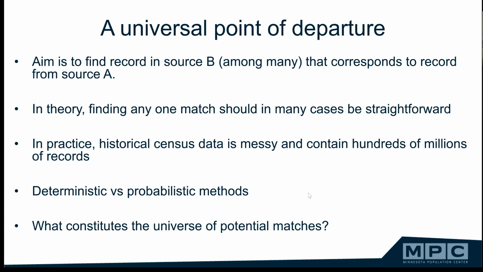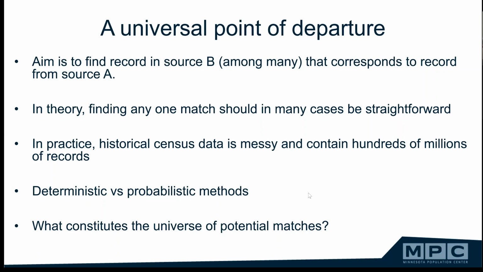One thing that all of these methods have in common is that, as a result of the messy data, if I have a record from the 1900 census and I'm trying to find that individual in the 1910 census, it's not necessarily the case that I can limit potential matches to individuals who have exactly the same name, the same birth year, or the same place of birth as the person I'm trying to link.